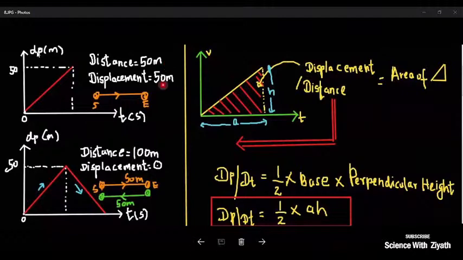So in this displacement time graph, distance and displacement are equal. But if you look at this graph, which you have to know very carefully, this is one direction.